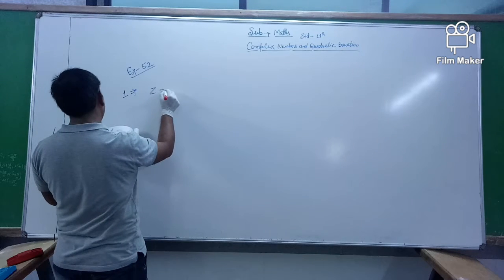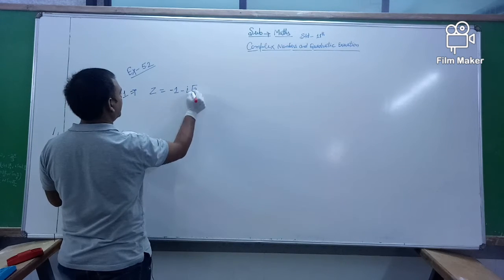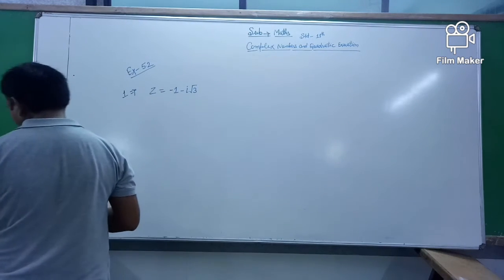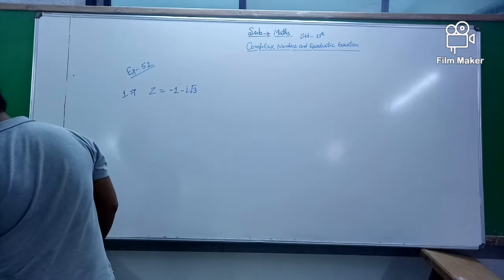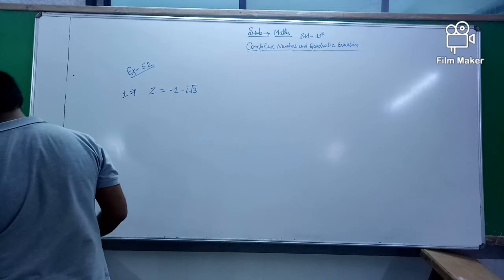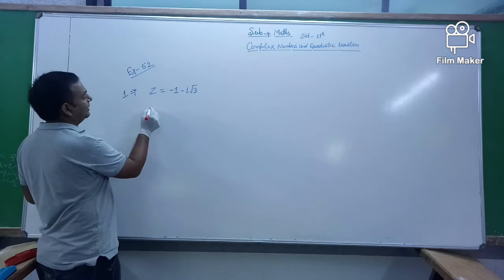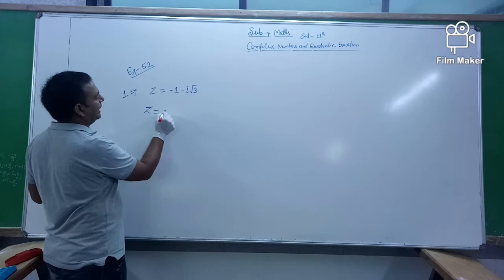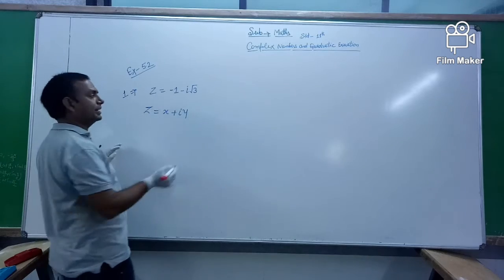Z is equal to minus 1 minus i root 3. Then you first find the modulus, that is mod z, and the argument of the complex number. So first I write z is equal to x plus iy, which is the standard form of a complex number.